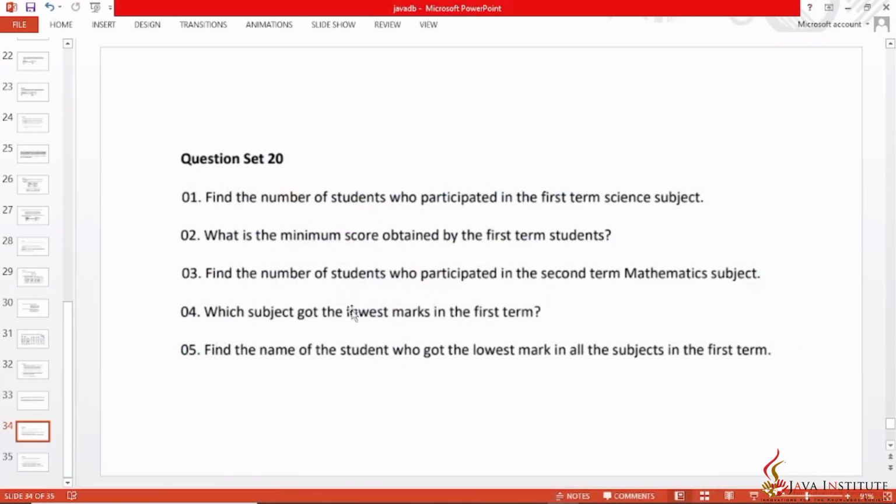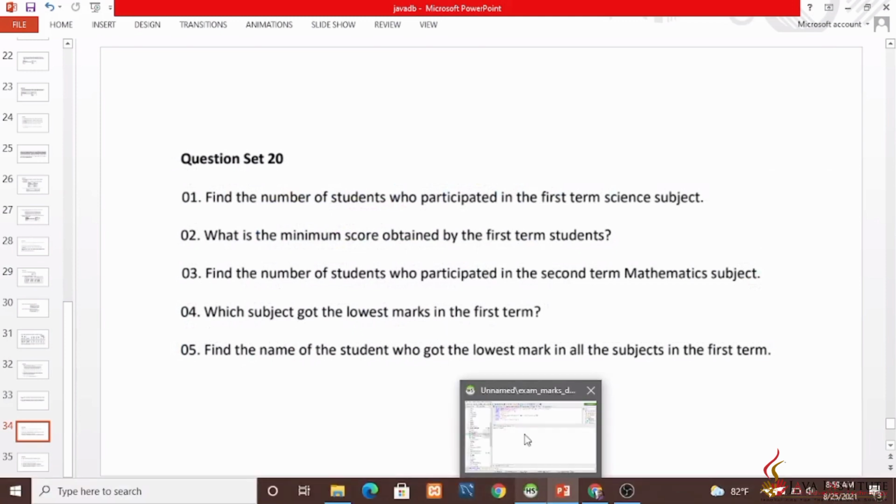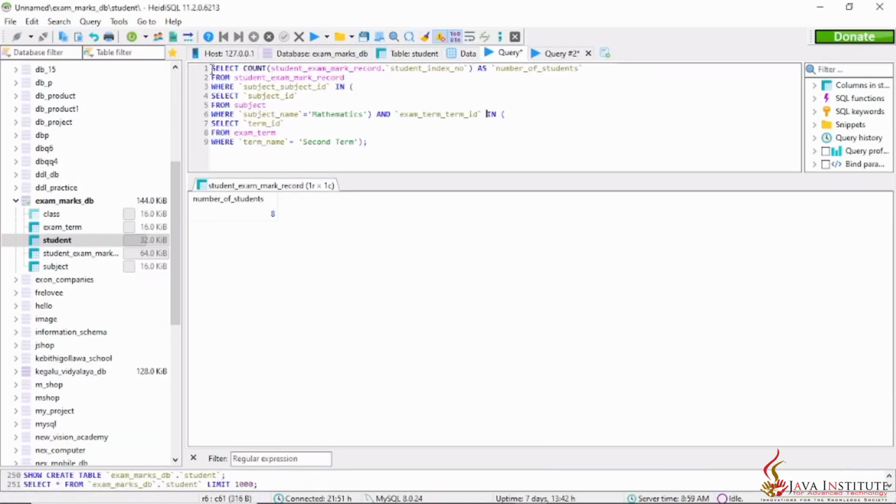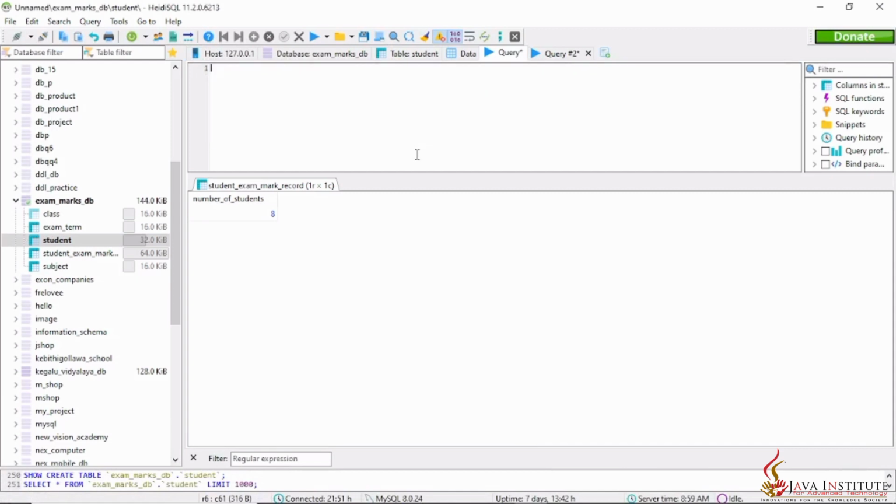Which subject got the lowest marks in the first term? So let's write the query. Lowest mark for the first term.